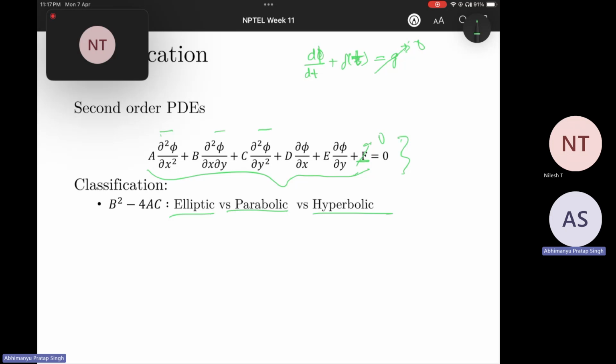Why is it so? Because we can sort of treat this as a quadratic. If I consider this whole term as x, this whole term as y, and this whole term as xy, we get something like ax square plus bxy plus cy square, and then I have some more terms, dx plus ey plus f is equal to 0.